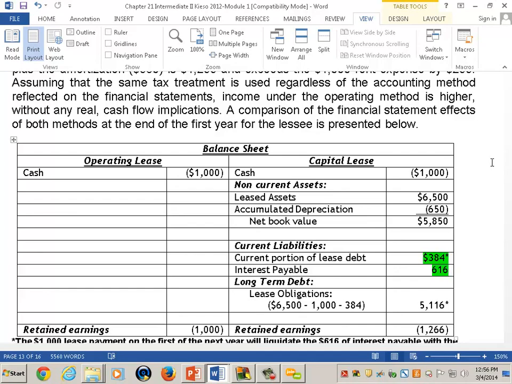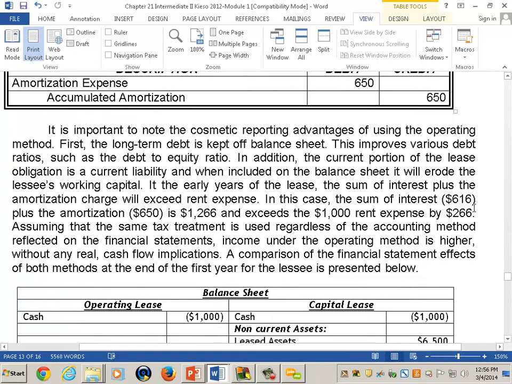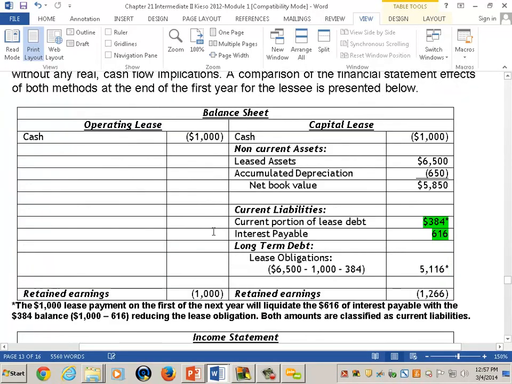Because what happened here is that you accrued the interest on December 31st, and that means the next payment you make on January 1, $1,000, $384 is principal, and $616 is interest. So that was accrued in the prior year. That's right. Going forward, the current.